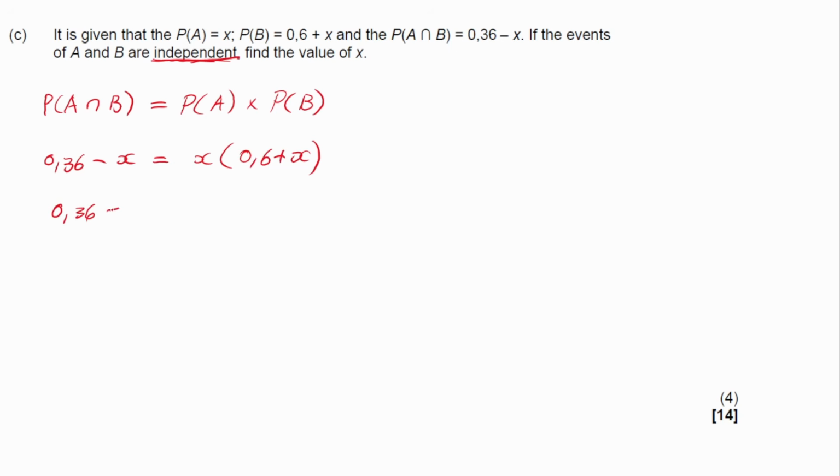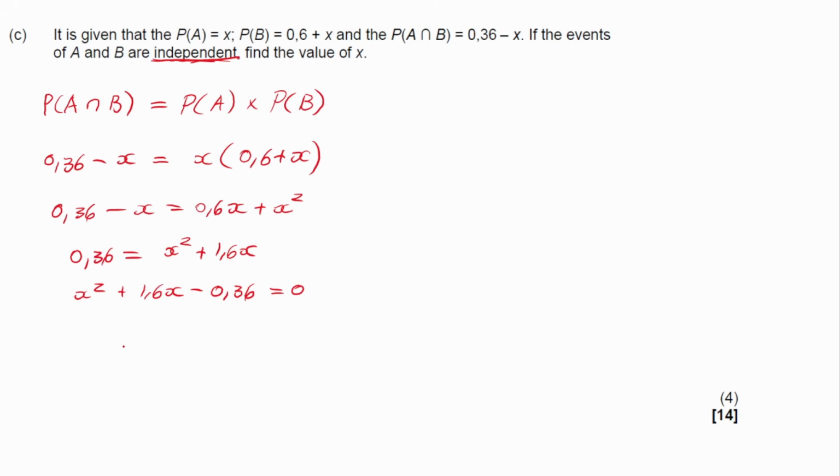So I get this on the left, and on the right I get, this should be 0,6x plus x squared. And if I simplify this, I get 0,36 is equal to x squared plus 1,6x. So what I do is I get x squared plus 1,6x minus 0,36 is equal to 0.